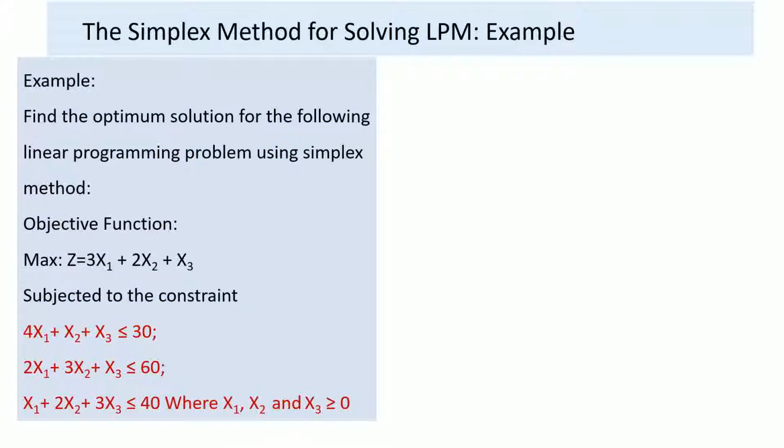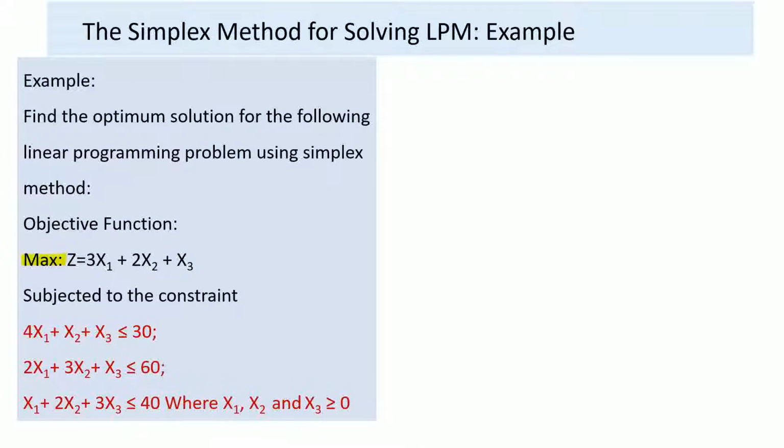Here is an example for solving a linear problem having 3 decision variables using the simplex method. The example says, find the optimal solution for the following linear programming problem using the simplex method. The solution, as I told you, is maximization.